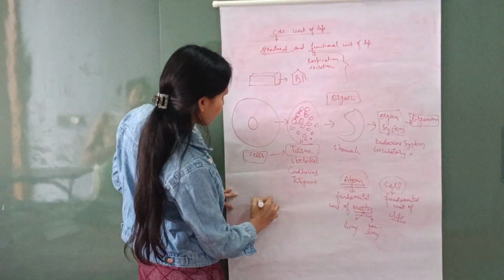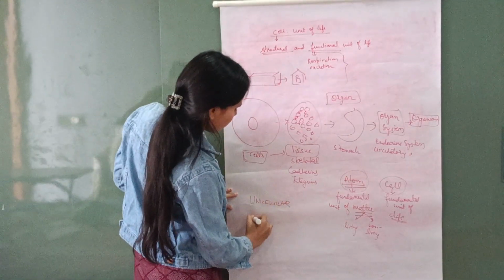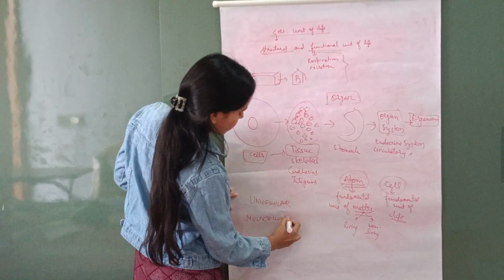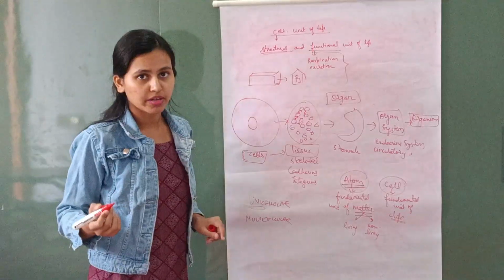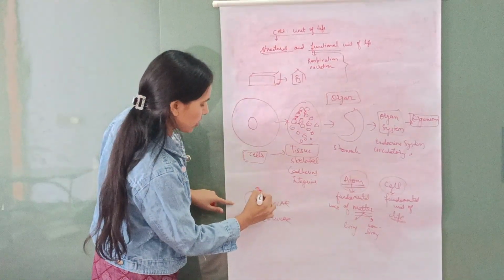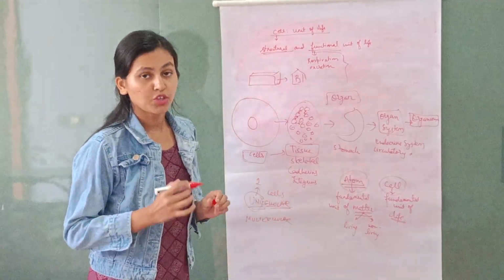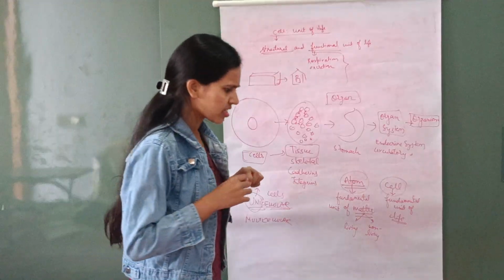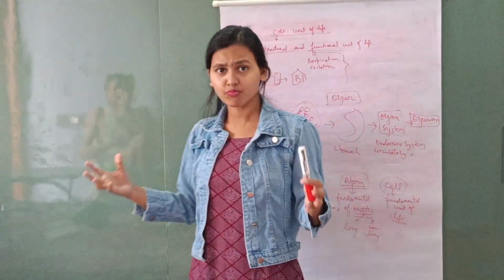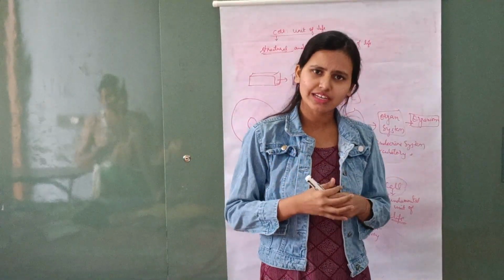Let's see, there are two kinds of organisms, unicellular and multicellular. Let's break the word one by one. What is the meaning of the word uni? Uni means one, right? And cellular means cells. Unicellular means just one cell, and all the vital functions, life processes like respiration, excretion, reproduction, are all performed by just one single cell.